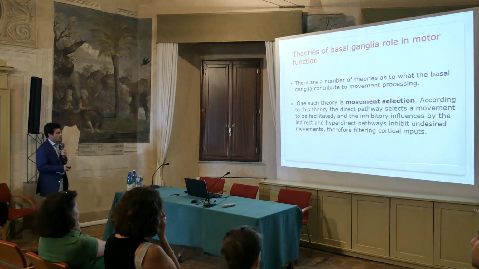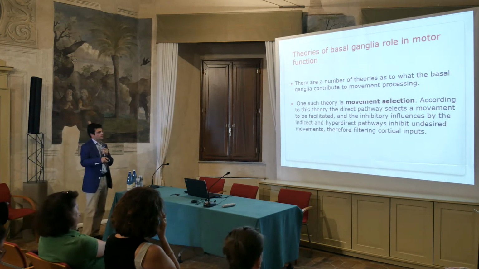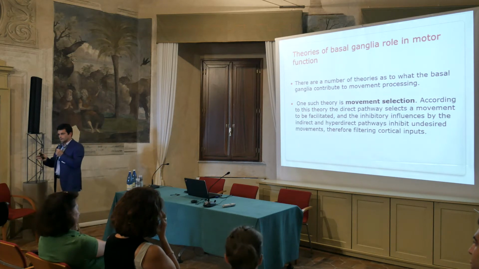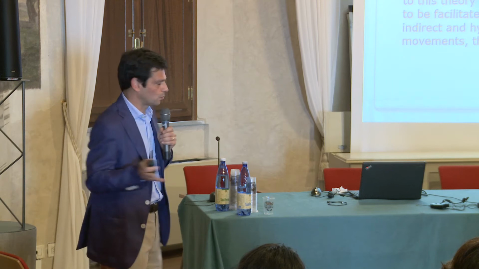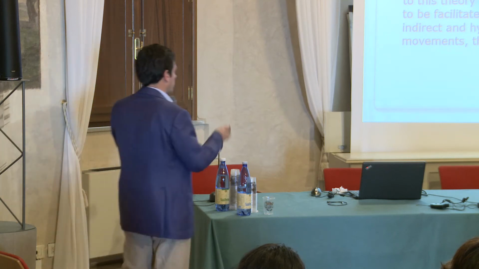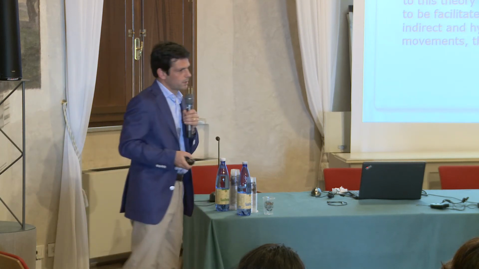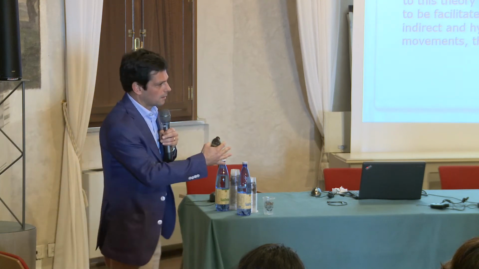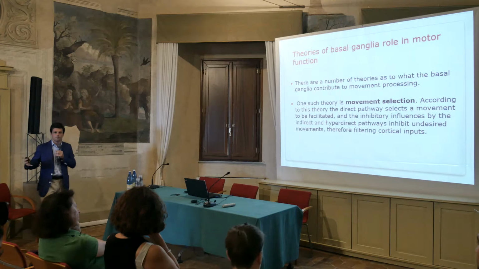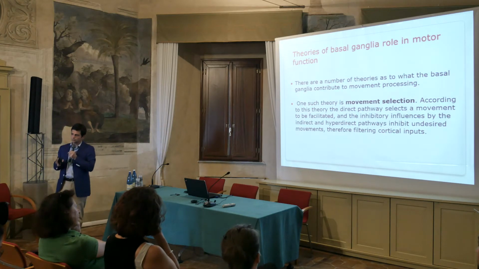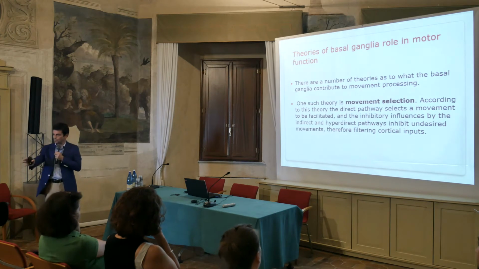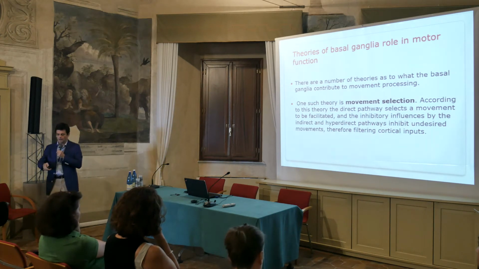According to this theory, one of the pathways, in this case the direct pathway, selects a movement. And the indirect pathway and probably also the hyperdirect pathway inhibit the surrounding movement patterns, to let the movement selection go straight.